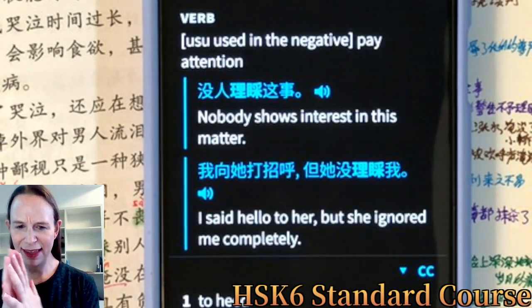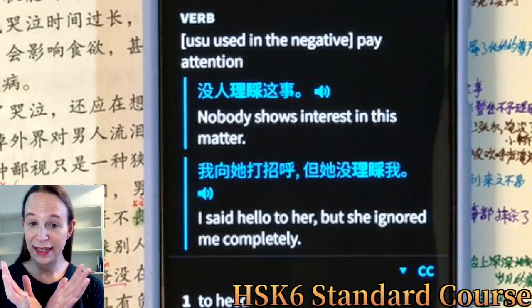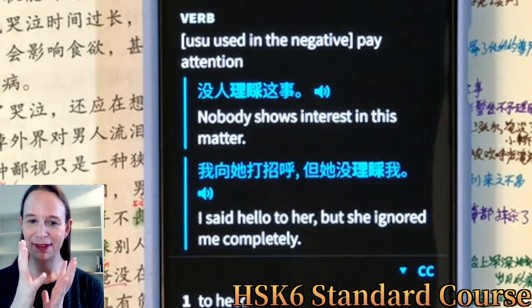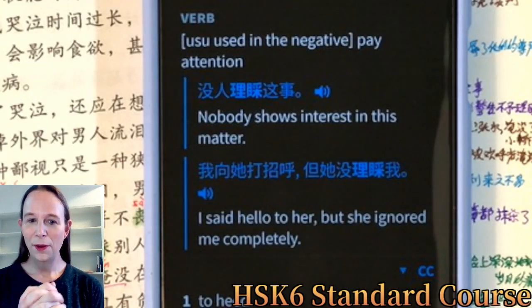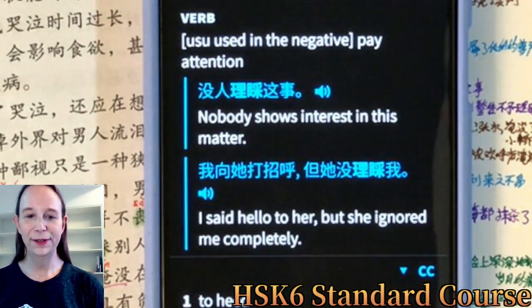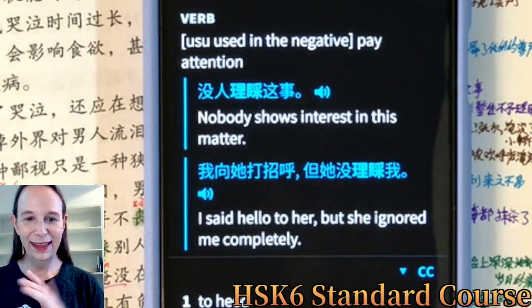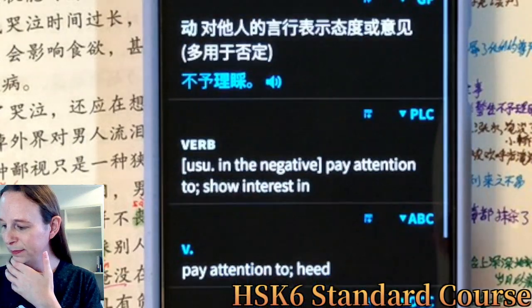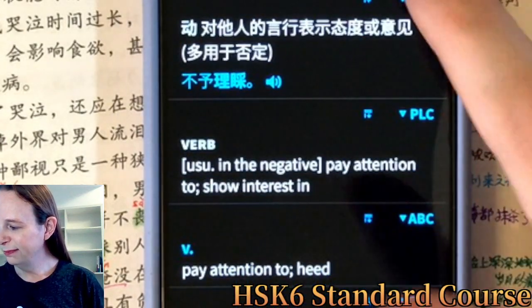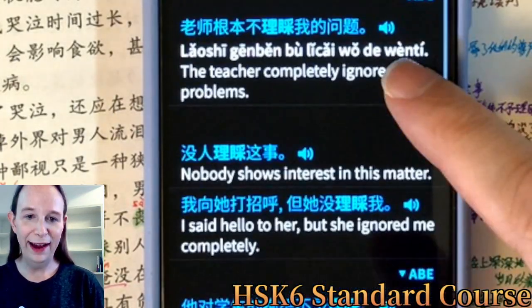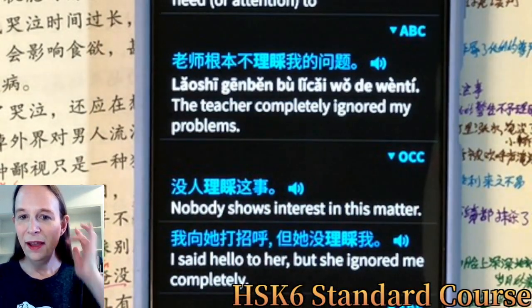Yeah, so I think this could be both she didn't notice in the sense of she's not being rude, or it's like, I'm not talking to you, I am ignoring you as well. So I think both of those are possible. Yeah, this is not a top priority word, so let's not spend too long on it.